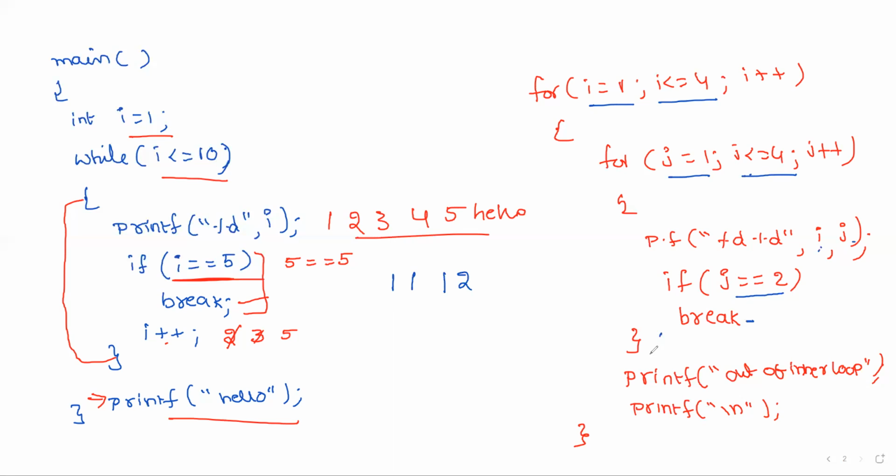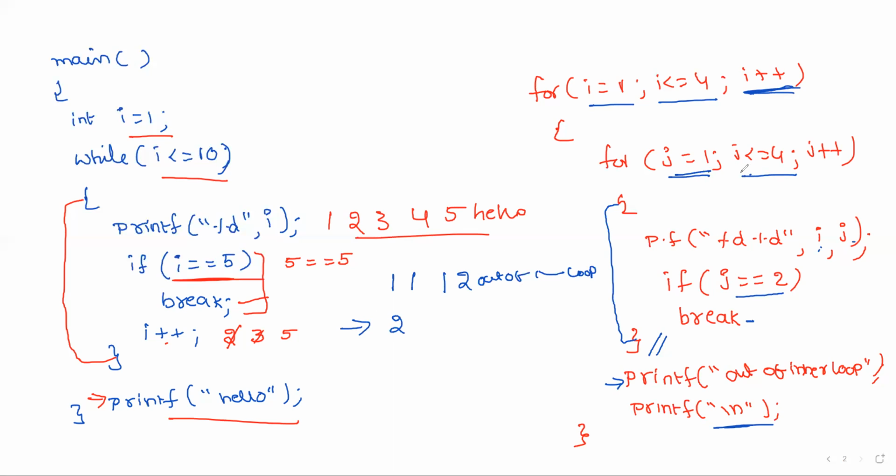Break means we come out of this loop only. You got it? In the case of a nested for loop, we come out of the inner loop only and then execute the next statement. Here the message out of inner loop is printed, and then backslash n moves the cursor to a new line. Now again i plus plus, i value is 2.